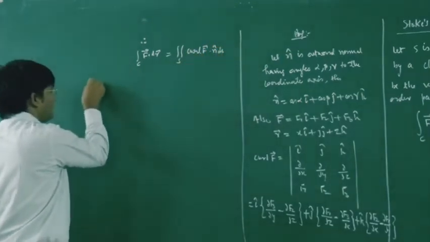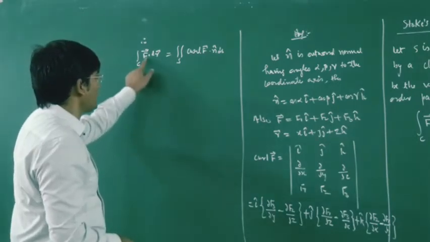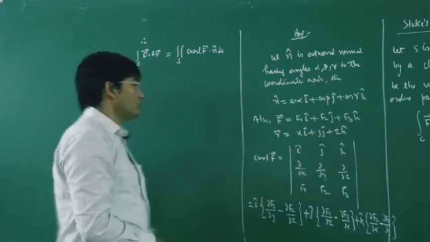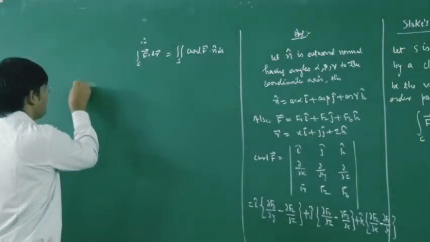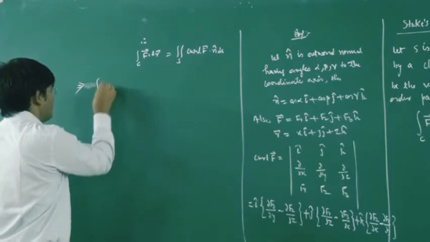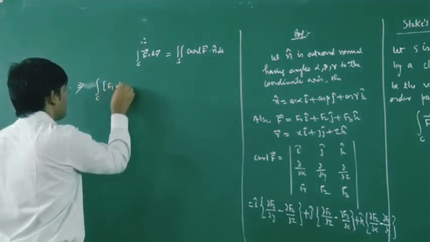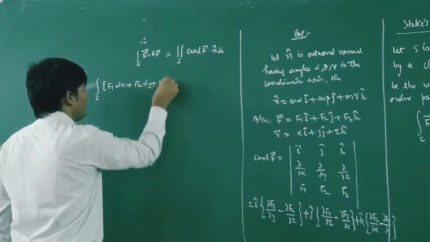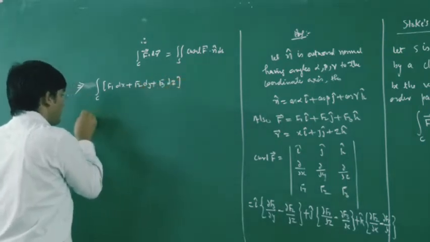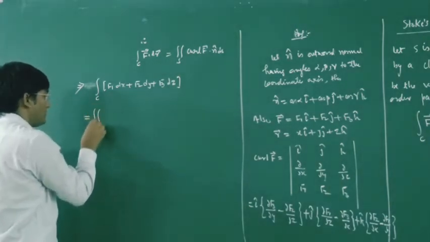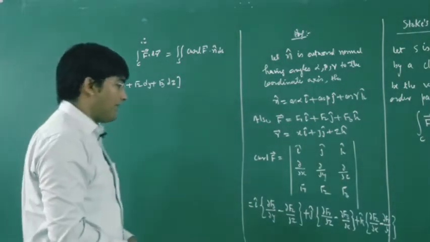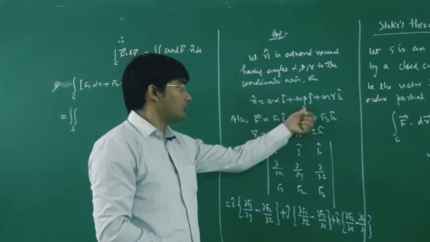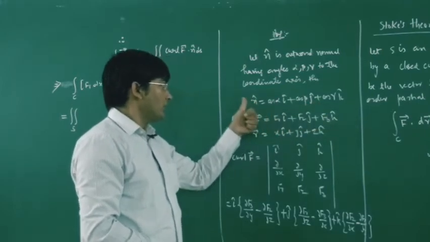Now dr will be dx i plus dy j plus dz k, so the left hand side will be f1 dx plus f2 dy plus f3 dz. On the right hand side we will have the surface integral; curl F dot n, where n is cos alpha i plus cos beta j plus cos gamma k.